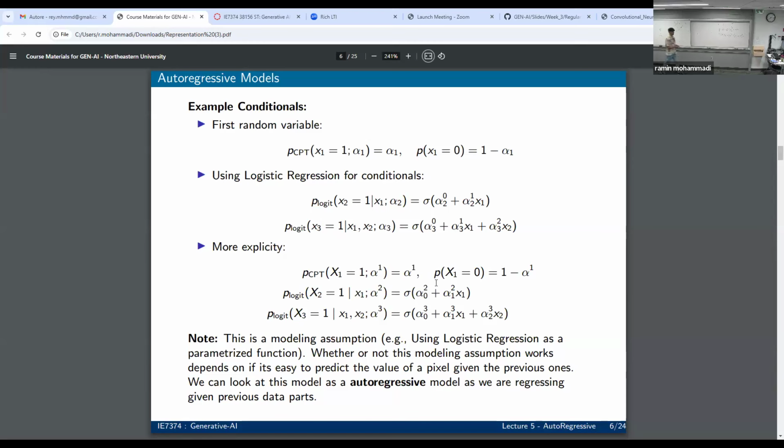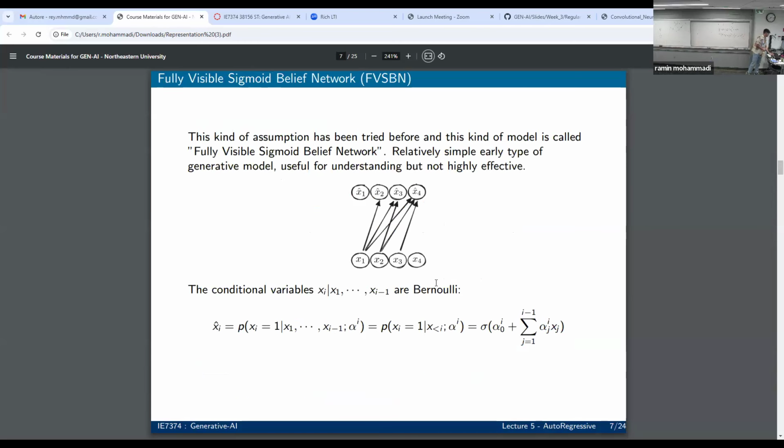That's basically what happens in the autoregressive model, and this led to one of the earliest generative models, called the fully visible sigmoid belief network. The idea was that we make this generation using a sigmoid function, and this is how it looks.